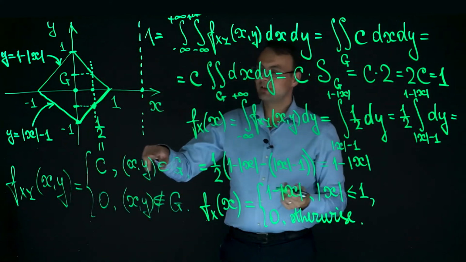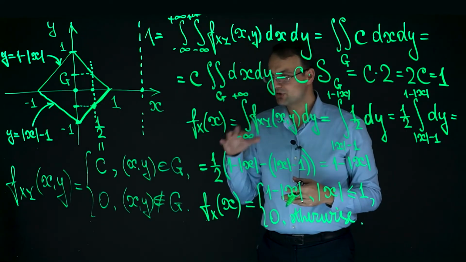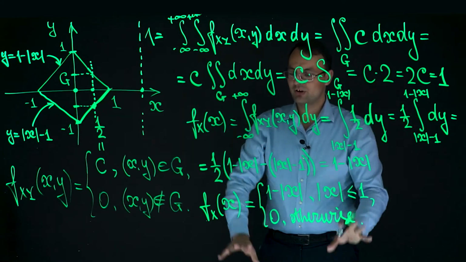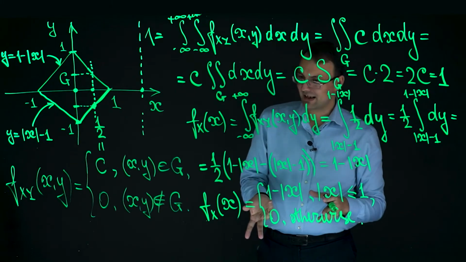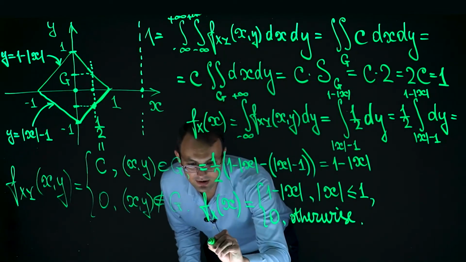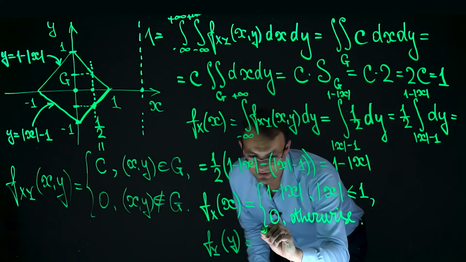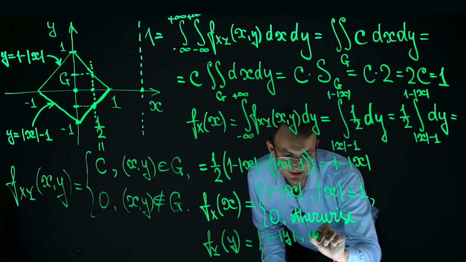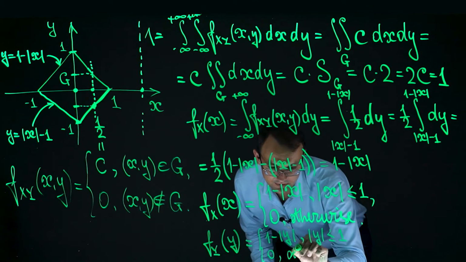So because of this symmetry, if we want to find marginal PDF of y, we'll do absolutely the same operations, just there would be x instead of y and y instead of x. And all the rest is the same. So we can say that marginal PDF of y is actually the same function. So 1 minus modulus y, if modulus y is less or equal than 1, and 0 otherwise.